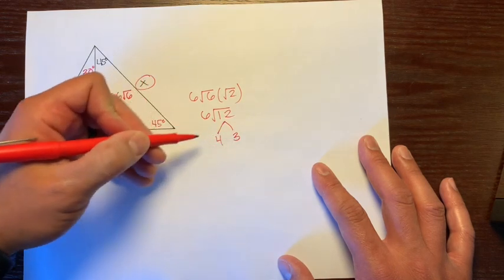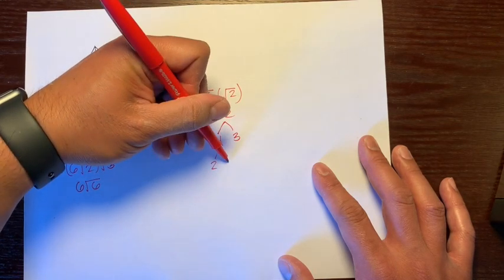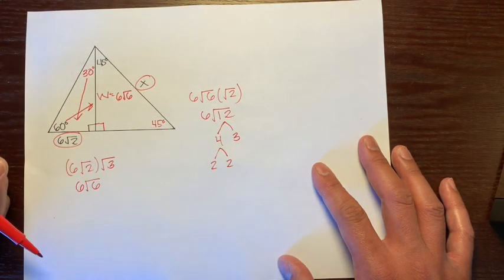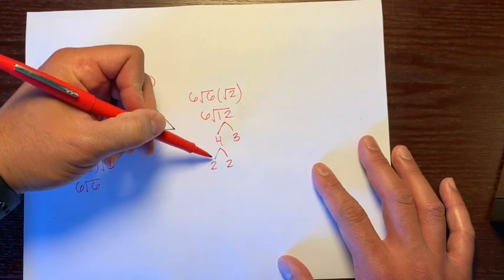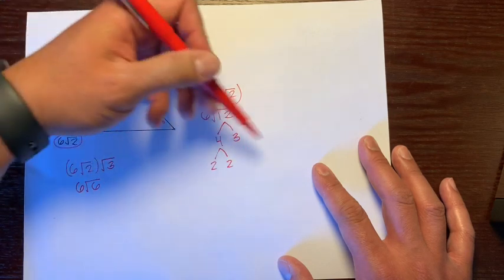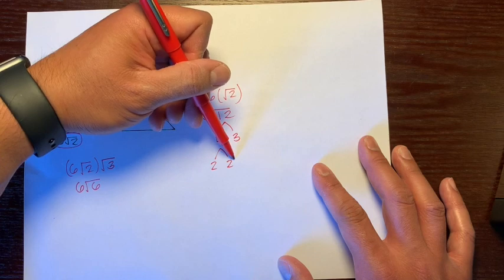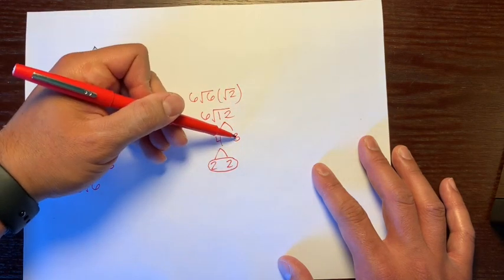No, it's a prime number. Let's look at 4. We could factor out 4 some more to 2 and 2. And so let's find some pairs. We only care about the bottom parts of this tree, or the leaves of this factor tree. So the 2, and the 3. So we have a pair of 2's right here. So we're going to circle it. We have one pair of 2's, and we have a leftover 3.